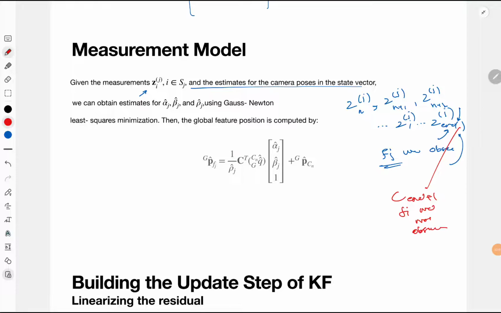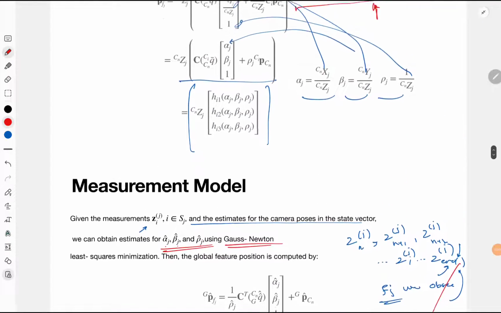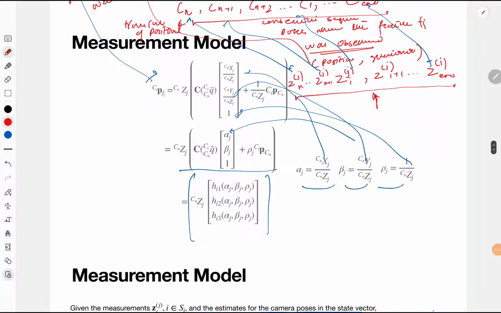So you can obtain alpha, beta, and rho using Gauss-Newton minimization. And how you would do that is that you would set up an optimization problem between this translated coordinates CiPfj and the actual CiPfj that you received from your measurements.